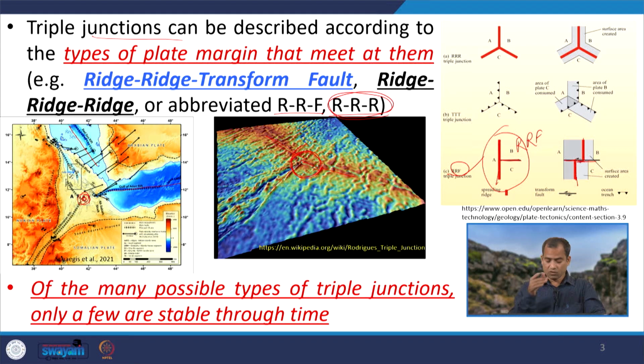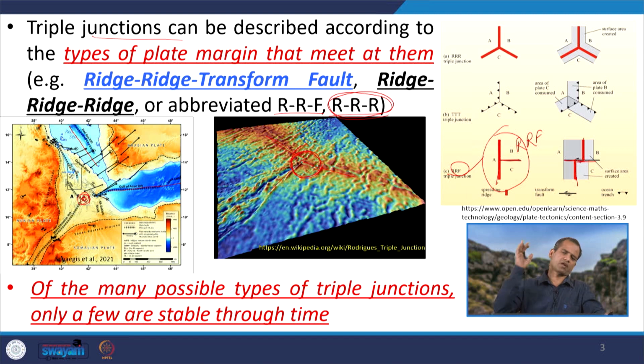So, with geological time, the number of triple junctions has changed, and in the geological future also the present day configuration may not be there; there will be change in the triple junctions. Now the question arises, why is it changing? It is changing to balance the relative velocity and the orientation of the plate boundaries.